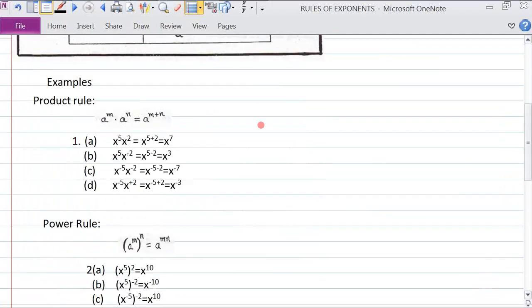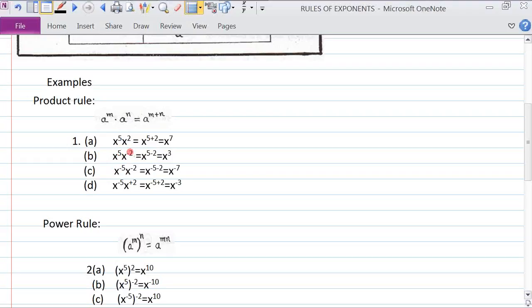So let's look at the product rule. Here we see that a to the m times a to the n equals a to the m plus n. So if I have x to the 5, x to the 2, this is equal to x to the 5 plus 2, which is equal to x to the 7th by the product rule. I have x to the 5, x to the minus 2.